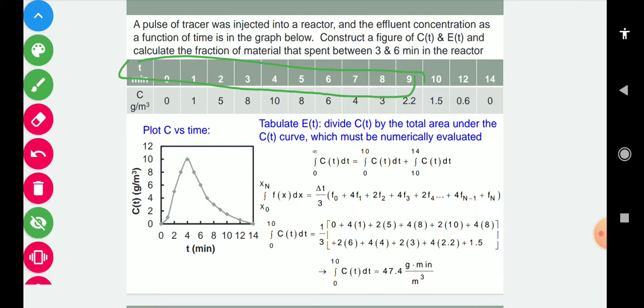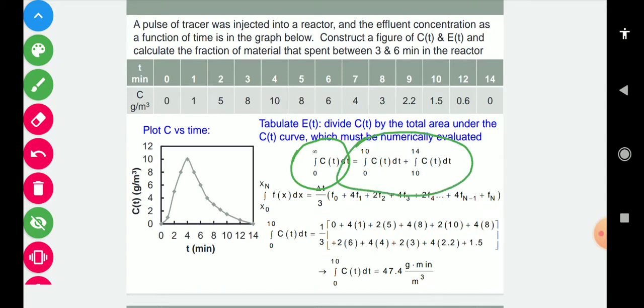First is from 0 to 10, and the second one is 10 to 14, because we have different step size. So the total concentration will be integration of these terms. That integration we divided in two parts because of the difference in step size. Then we can solve this integration with the help of Simpson one third rule.